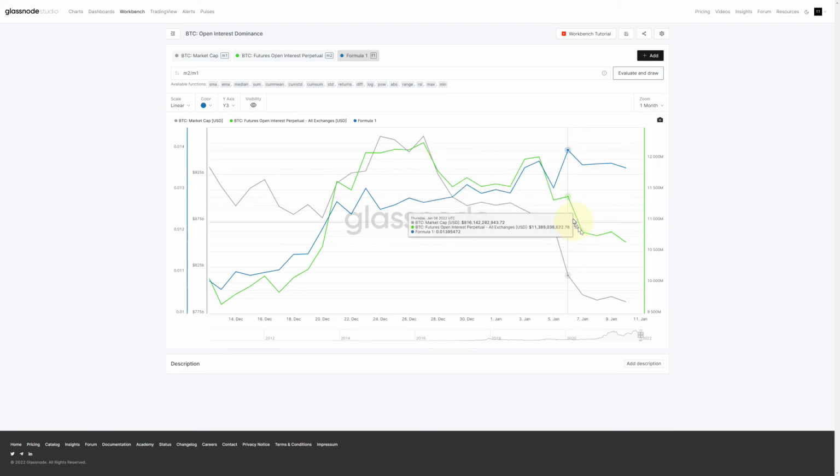So this slope is slightly steeper than this slope. Next, from the 7th to the 8th, open interest drops just slightly, same thing with the market cap. So they're almost the same slope. Therefore, the fraction is going to go horizontal, remaining relatively the same.